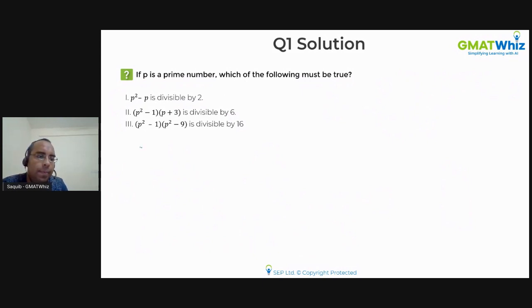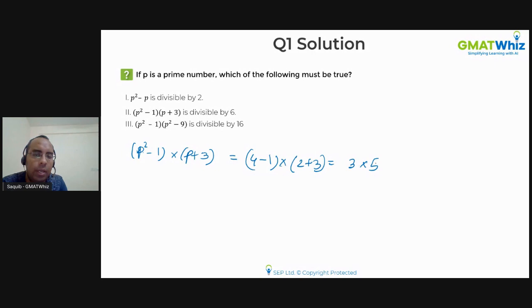The second statement is p square minus 1 times p plus 3. Once again, I'll put an even number. I'll put 2. If I put 2 here, I'll get 4 minus 1, and here I'll get 2 plus 3. 2 plus 3 is 5, 4 minus 1 is 3. Now notice I'm getting 15, and 15 is not divisible by 6. Since it is not divisible by 6, you don't need to check for an odd number.